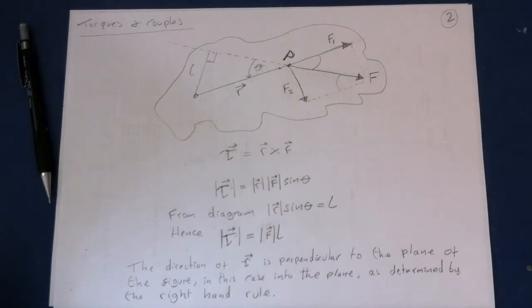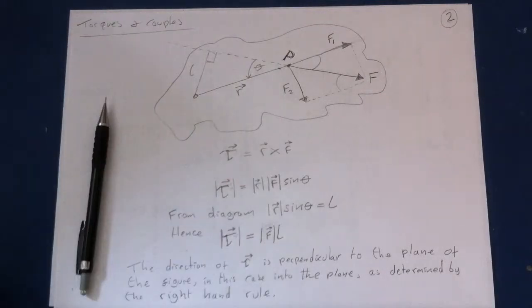When a force F acts at a point P having a position vector r with respect to an origin O, as in this diagram, the torque tau of the force with respect to O is defined to be the vector quantity r cross F. Recalling the definition of the vector product, we note that the magnitude of torque is rF sine theta.